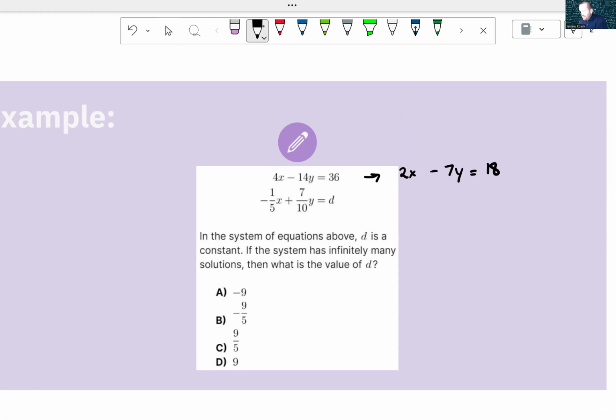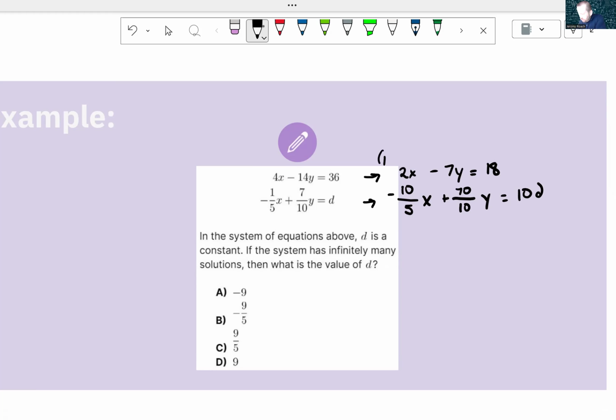And if we multiply by 10 on both sides, we get negative 10 over 5x plus 70 over 10y equals 10d.